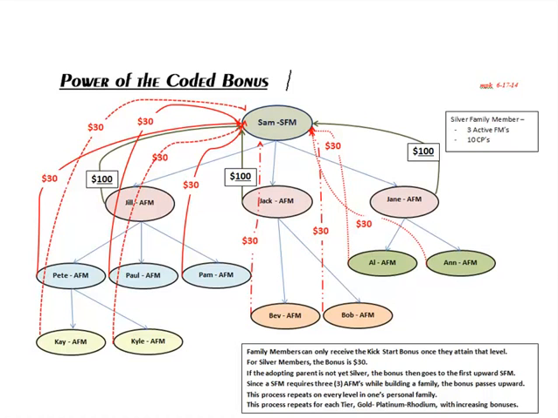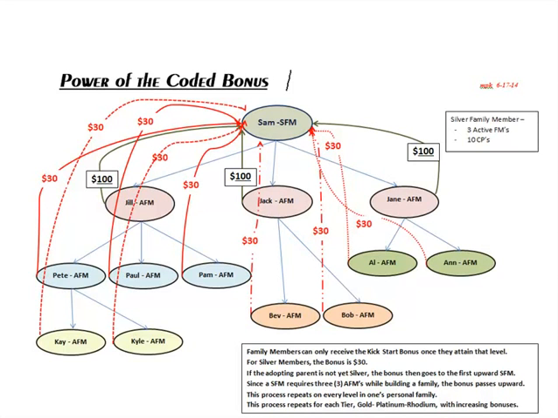Family members can only receive that bonus, whether it's 30, 60, 90, or 120, once they attain that level. We start out at 30, and this diagram is based on the silver level, so that bonus is $30. If the adopting parent is not yet silver, the bonus goes to a first upward silver family member. Since a silver member requires 3 active family members while they're building a family, the bonuses pass upward.